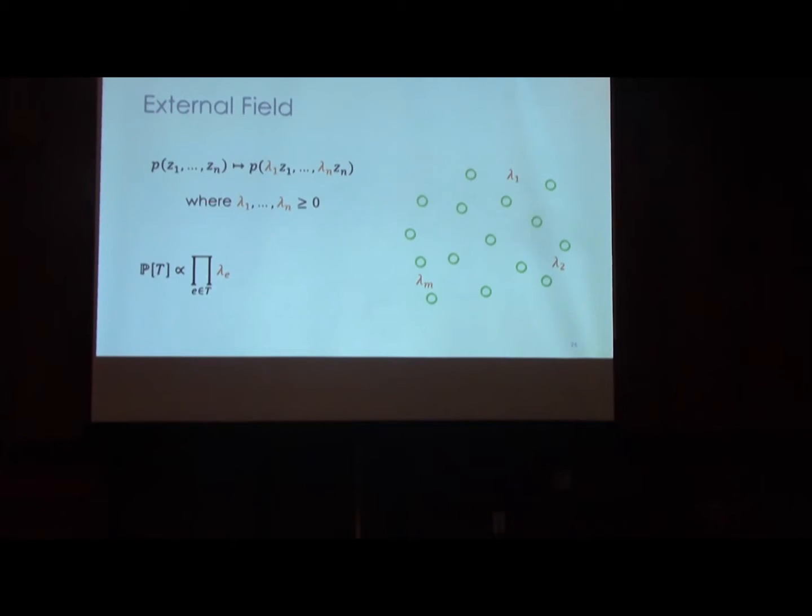So from this, and knowing that the uniform spanning tree distribution is strongly Rayleigh, you can see that the lambda-uniform spanning tree distribution is strongly Rayleigh, right? When you plug in the lambda i's, each spanning tree's probability is multiplied by the product of the lambda i's.